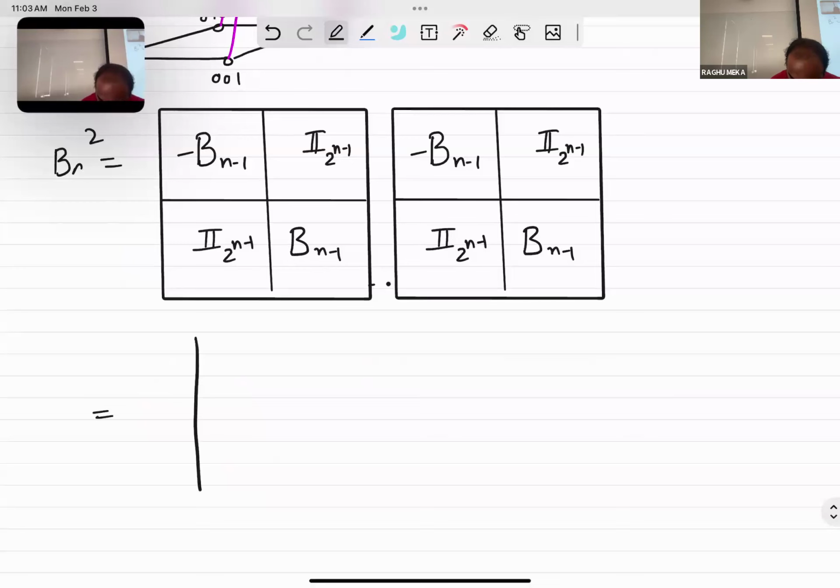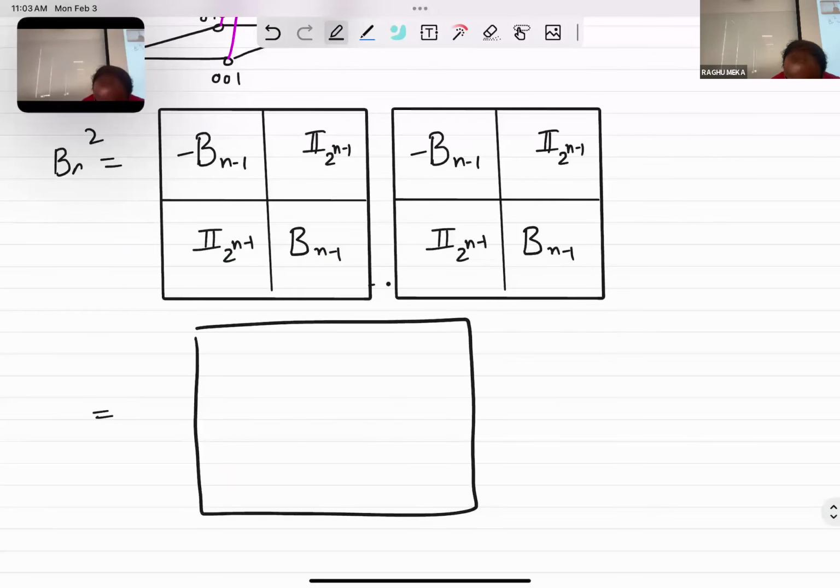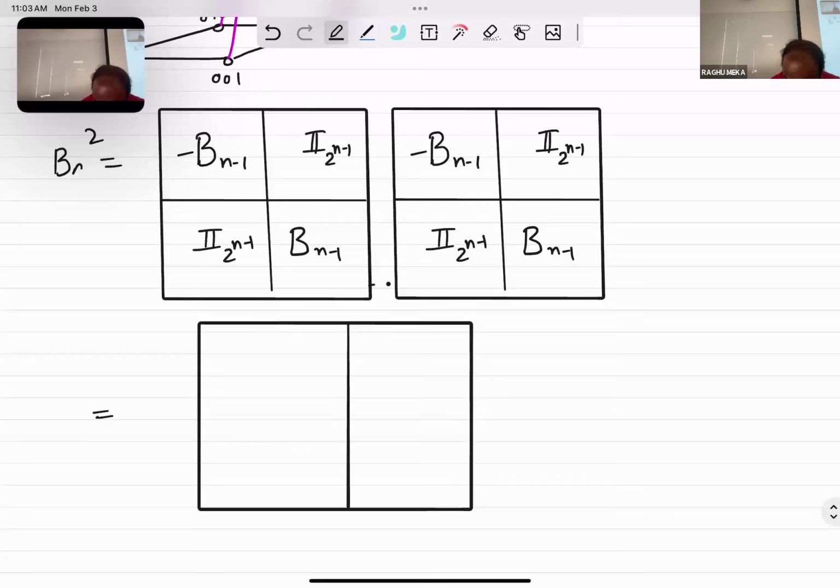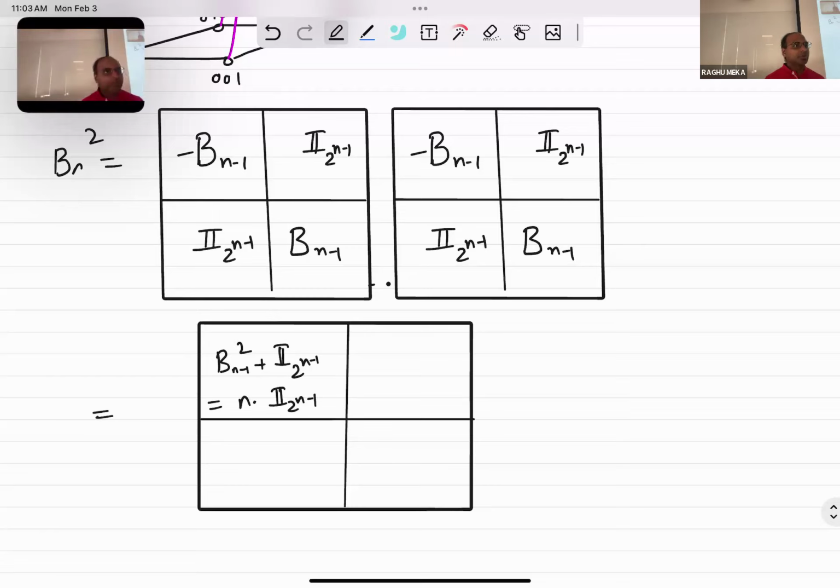Okay, we can do the block diagonal matrix again. So here we get Bn minus 1 squared plus identity, which is n times identity now. For n minus 1, I'm getting 1 extra identity, right?